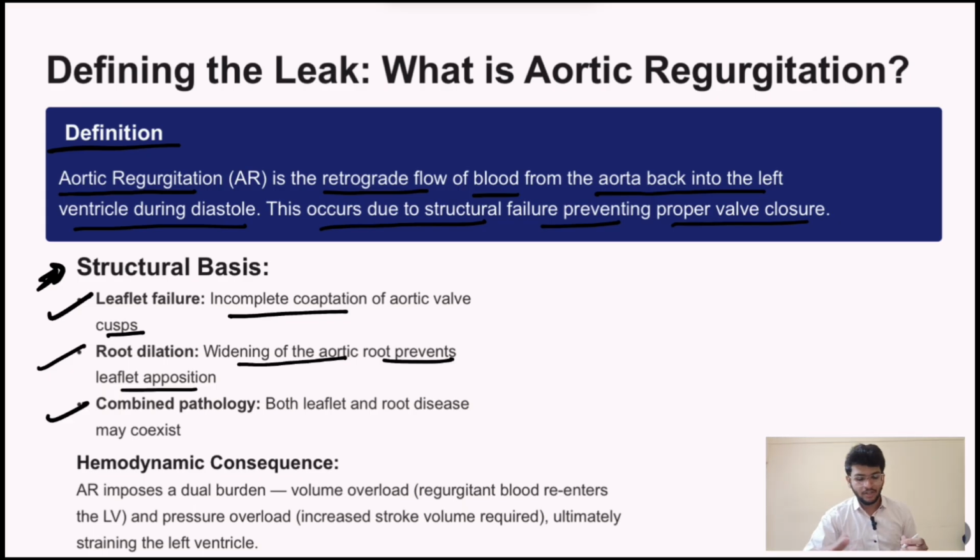Combined pathology is where leaflet failure and root dilation occur together. The hemodynamic change is that aortic regurgitation imposes a dual burden: volume overload and pressure overload. Ultimately, it strains the left ventricle.